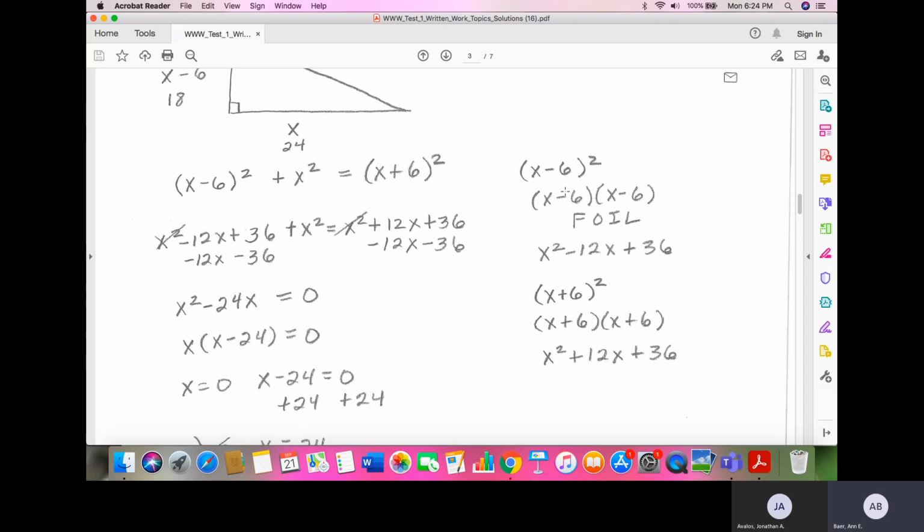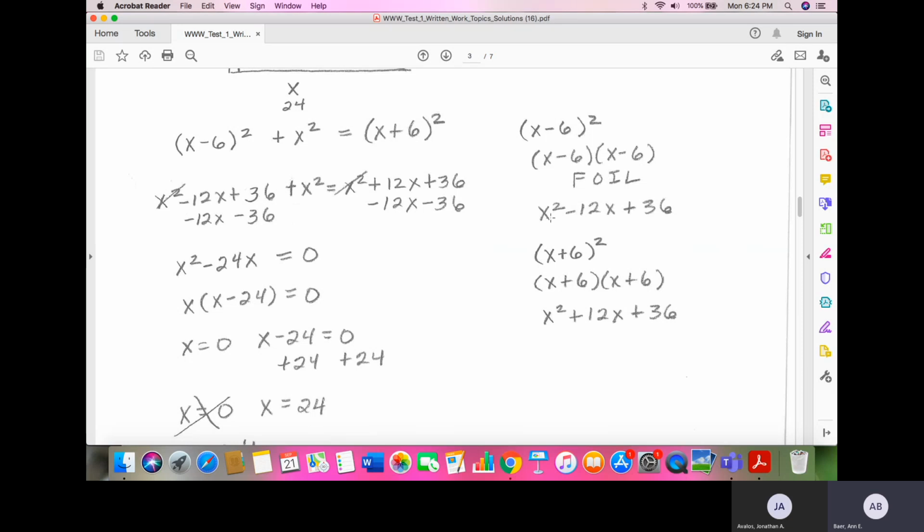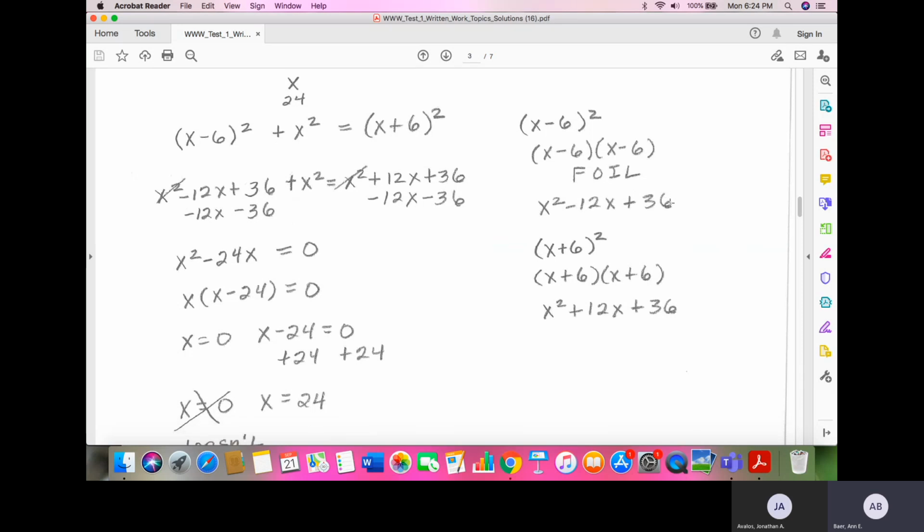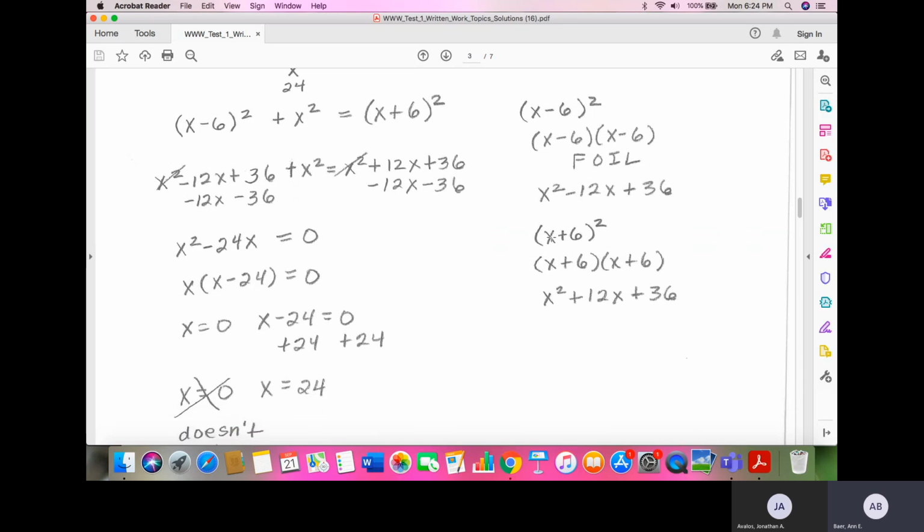We can FOIL. First 2 is x squared, outer 2 is minus 6x, inner 2 is minus 6x, for a total of minus 12x. Minus times a minus is a plus, then 6 times 6 is 36. So that's what we get when we do that.